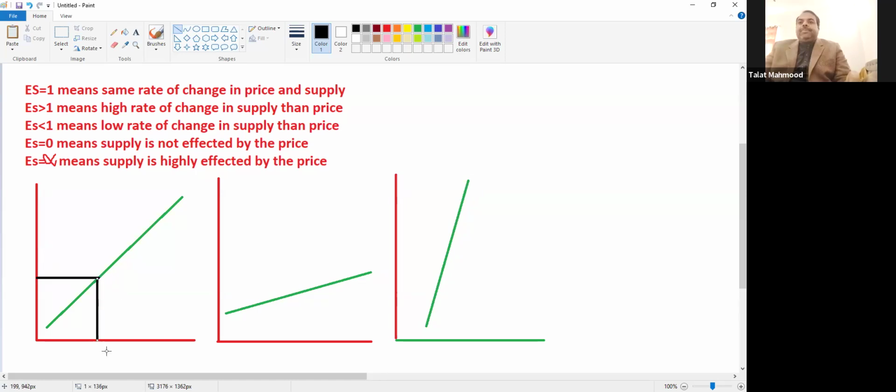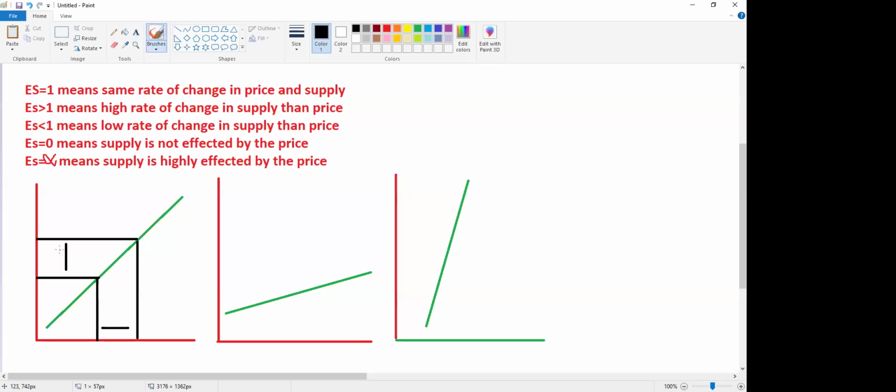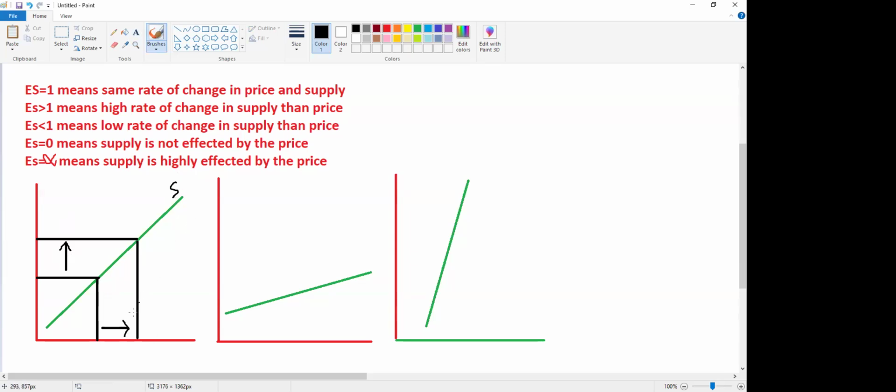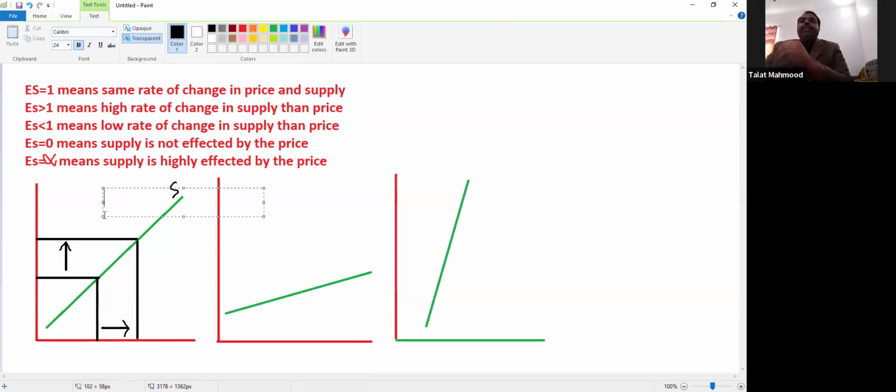When price was P1, quantity supplied was this. Price has increased and it causes the same increase in supply. Can you see that? Yeah. Does it make sense? Yes. So what will be the elasticity of supply over here?